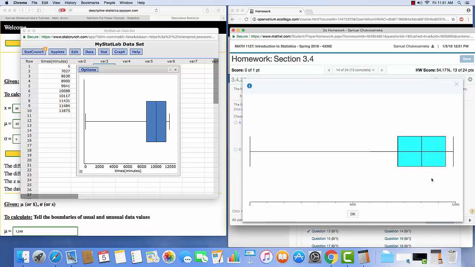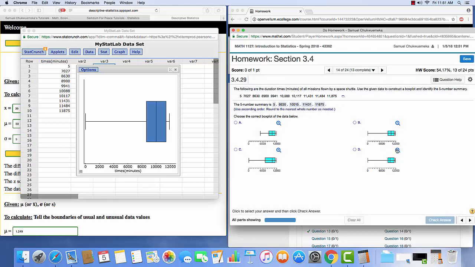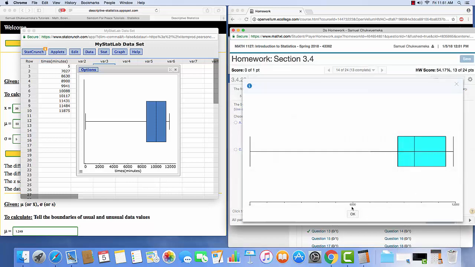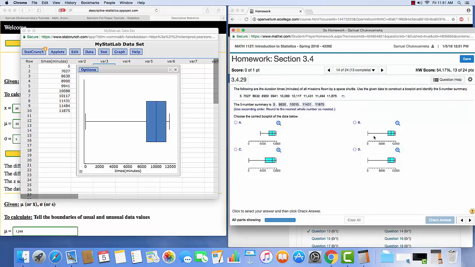Let's look at B. 7, 8, 9, 10. B seems okay for the median. Let's leave it. We look at D. 7, 8, 9, 10. Okay, we eliminate D because this is in between 9 and 10. So we are concerned with B and C.